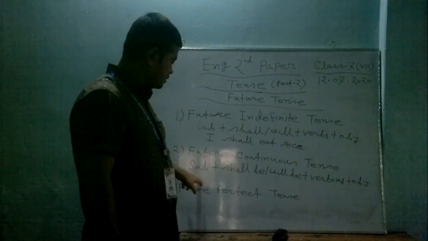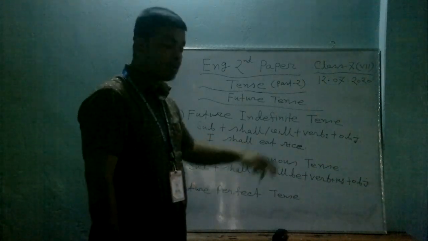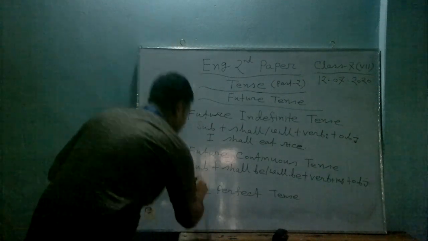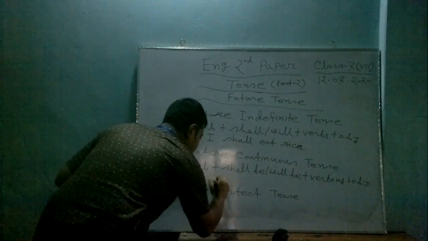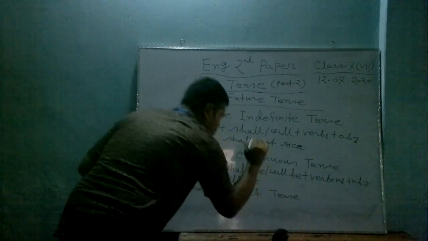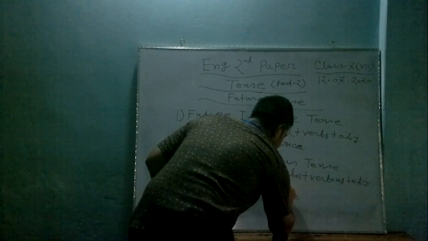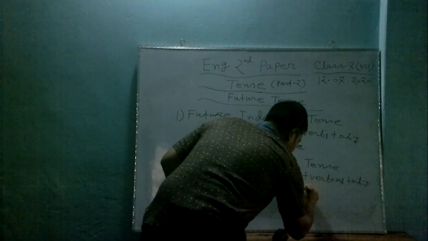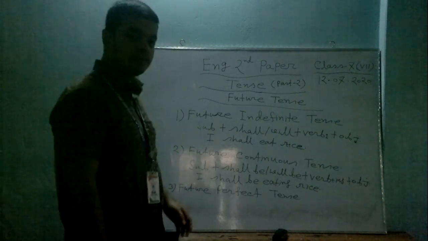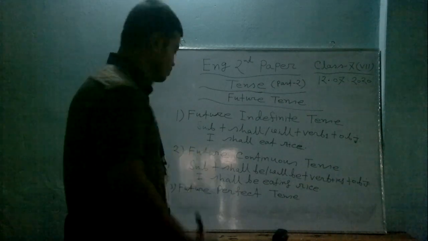Here we write the subject plus the auxiliary verb shall be and will be, plus verb with adding ing, and then object. Now we can write the sentence here. I, auxiliary verb shall be, verb was eat and it is adding with ing, eating, rice. Shall be eating rice. This is one of the sentences for future continuous tense.